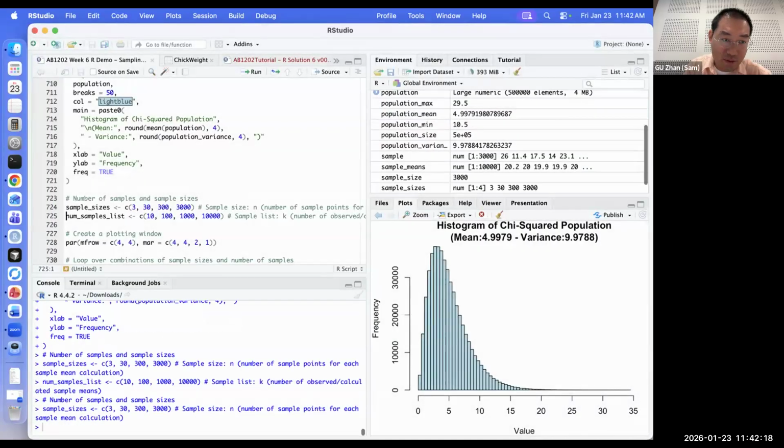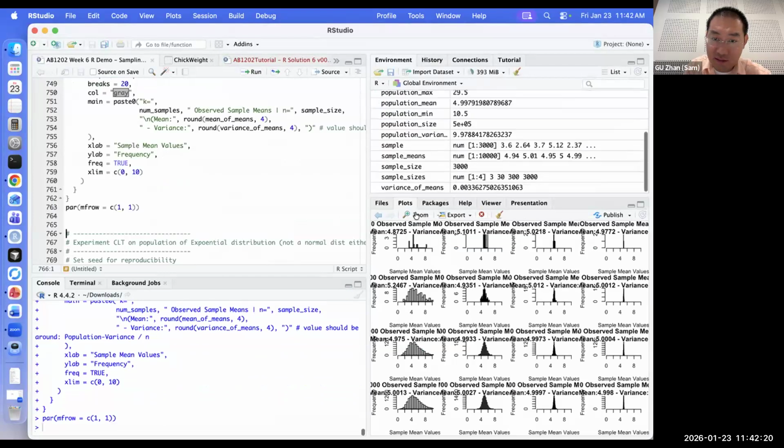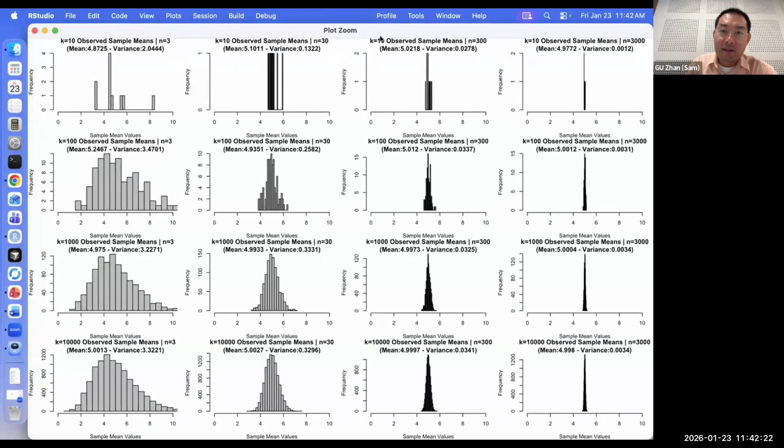We draw samples and create this chart. Again, what have you observed? We look at this: k equal to 10,000, sample size 3. The mean value of this sampling distribution is a good estimation of the population mean, 5.